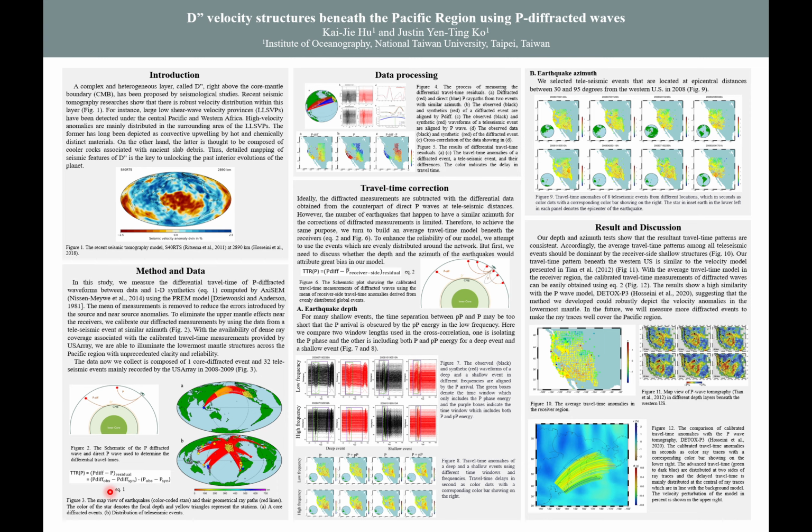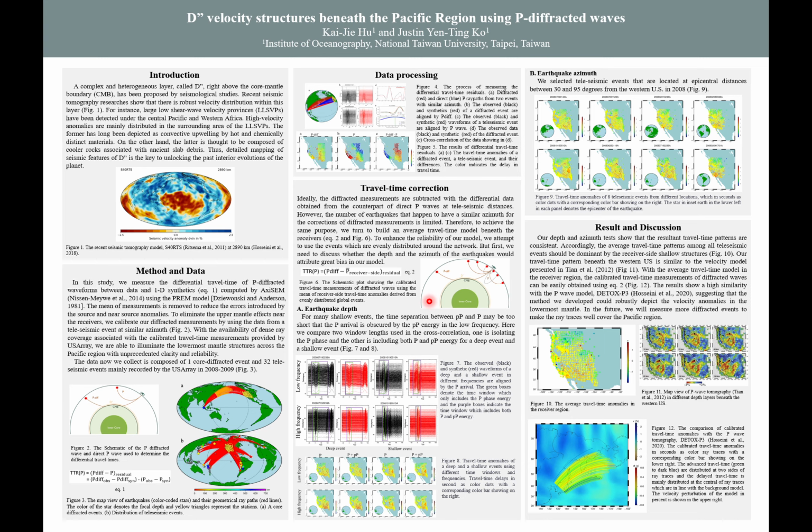Subtracting the time residual of the direct P wave, we can exclude the shallow velocity effect from the receiver side. By using these calibrate procedures, we can understand our observations are mainly contributed from the lower mantle velocity effect.